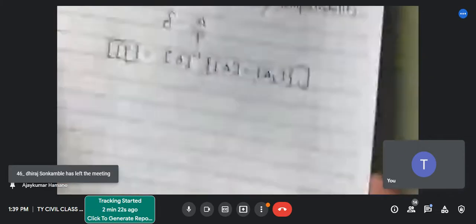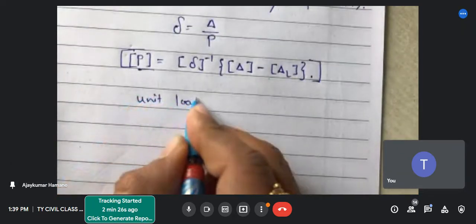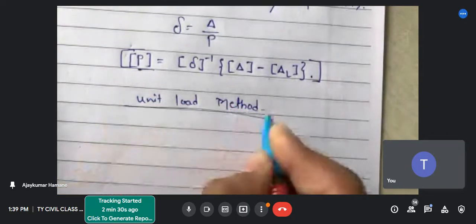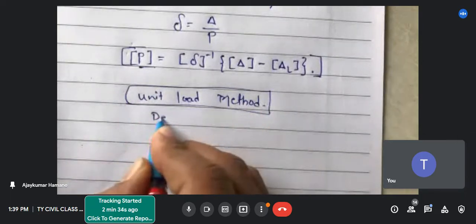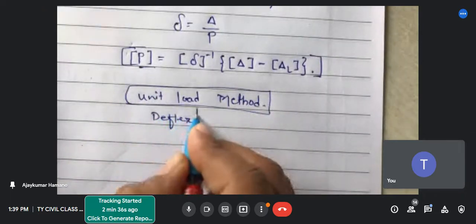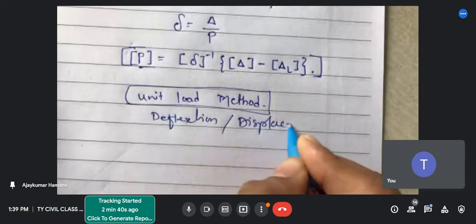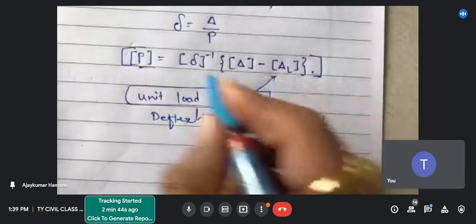And the unit load method is generally used in the flexibility approach to find out the deflection, or we can call it a displacement, because we want a displacement.